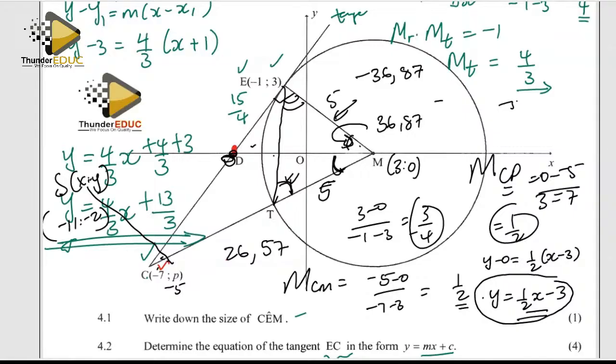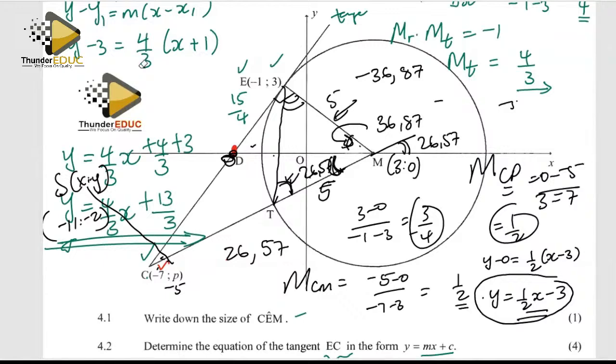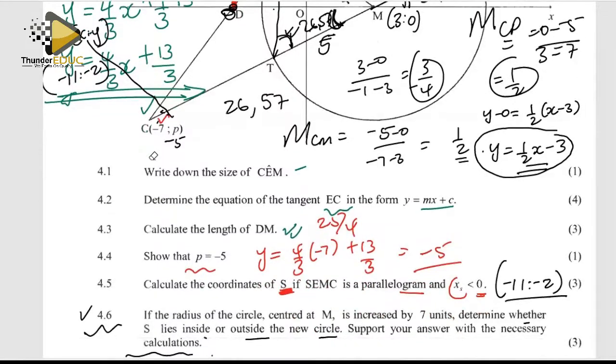So meaning that this angle here is a 26,57. Even this one will be a 26,57. Then if you plus the 2, let's just confirm. Let's hope my answer with the longest method is correct.